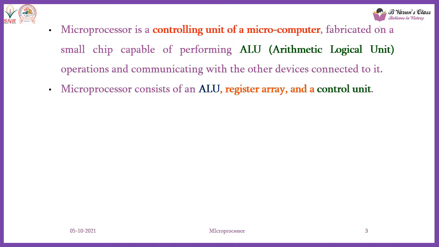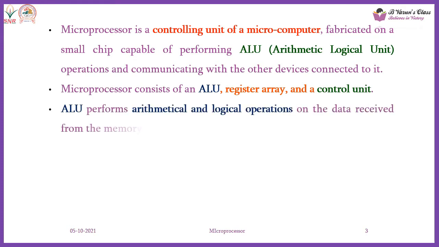units perform different operations. First one, ALU, the arithmetic logic unit, performs all the arithmetic or mathematical and logical operations on the data that we receive. The data can be received either through static data or dynamic data.